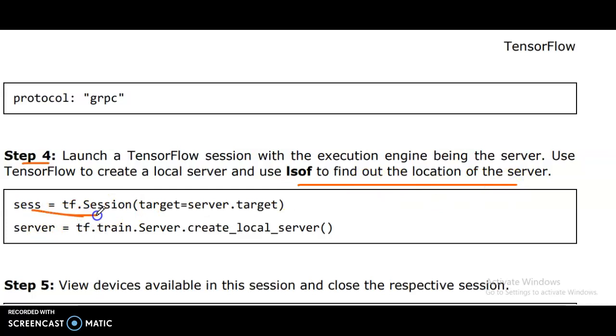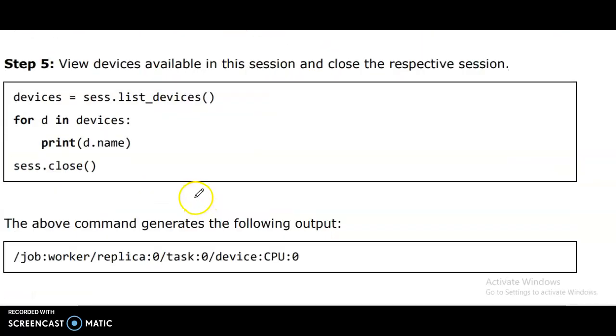Session equal to tf.Session(target server.target), server equal to tf.train.Server create a local server. Step 5. View devices available in this session and close the respective session. Devices equal to sess.list_devices(), for d in devices print d.name, session close.